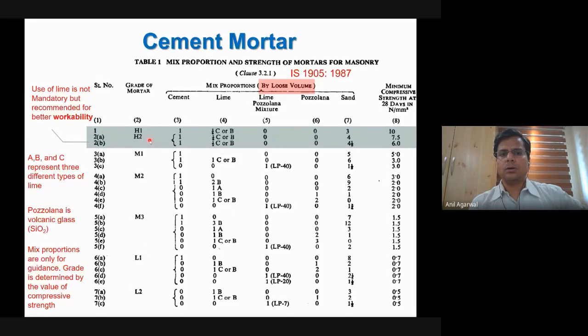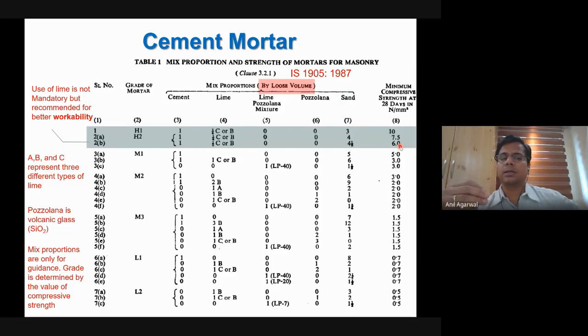Now, this table gives you, for a particular grade of mortar, what kind of strength is expected, and that strength is measured after 28 days. You may remember that mortar gains strength due to hydration of cement, and hydration of cement is a time-consuming process.